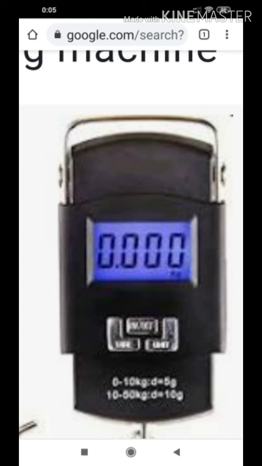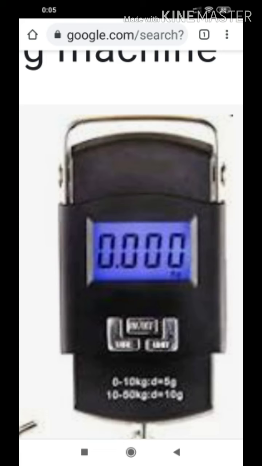Suppose here you can see that this machine is showing 0.001, meaning the least weight it can show is 0.001, so 1 milligram it can weigh. If you put less than 1 milligram, you don't get any display here, meaning you are unable to measure anything with this instrument, because the minimum weight for which the instrument responds is 0.001, that is 1 milligram.